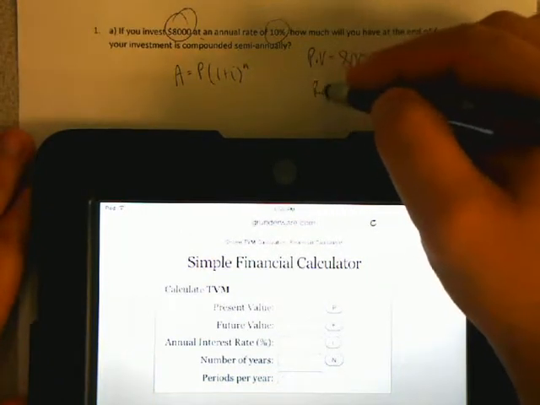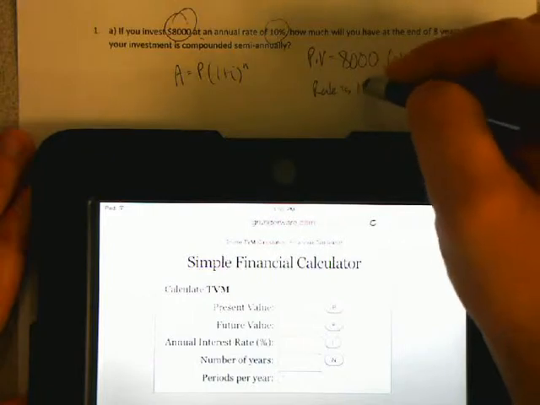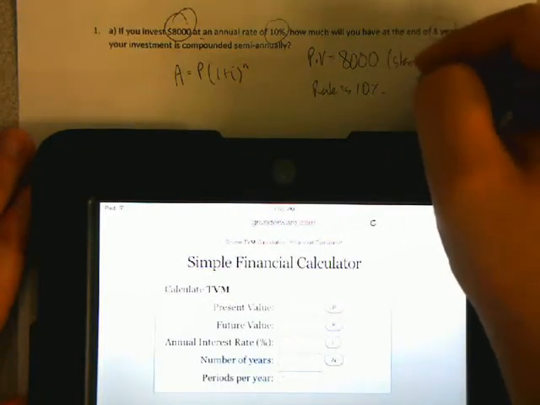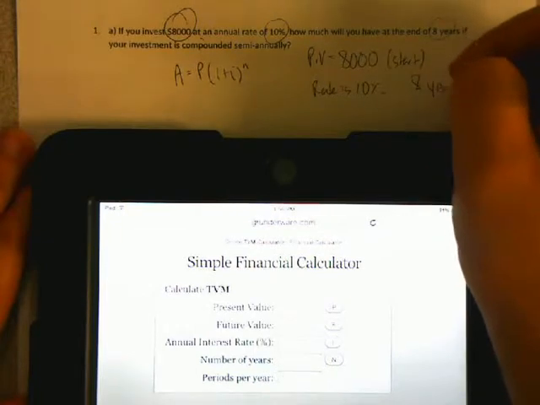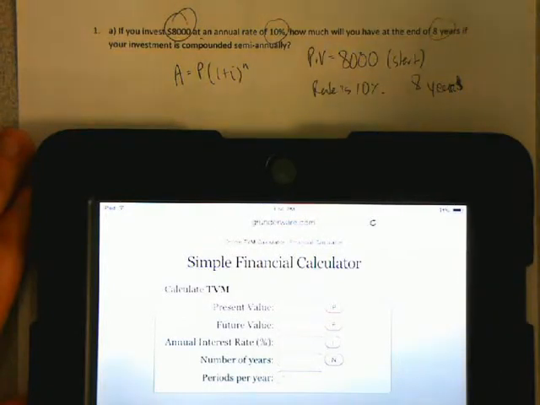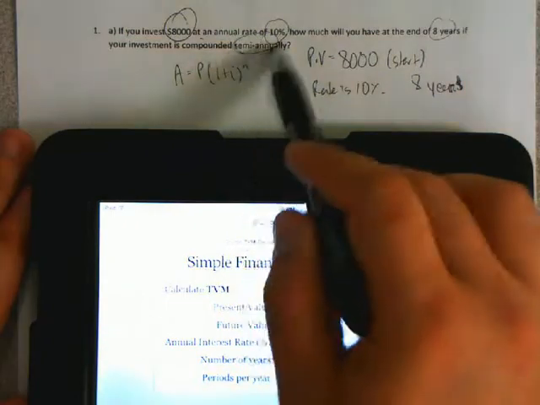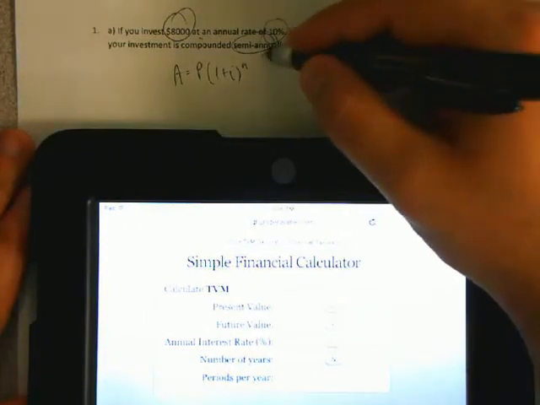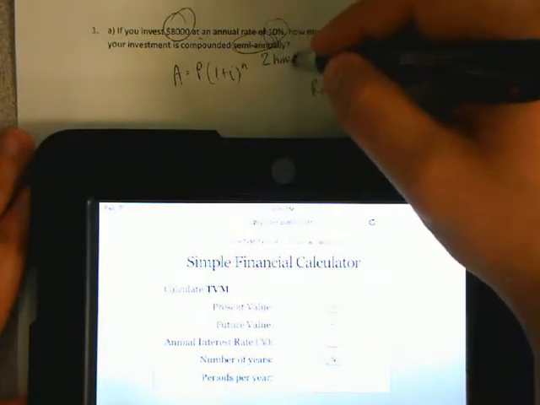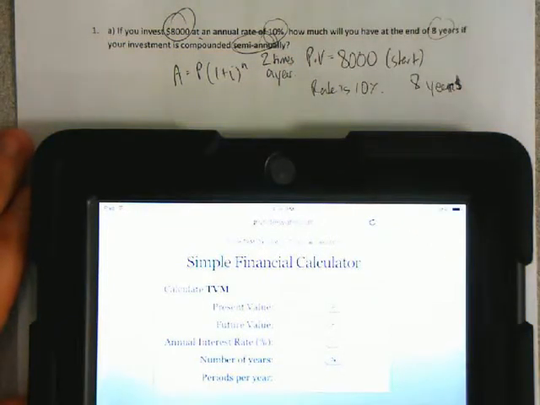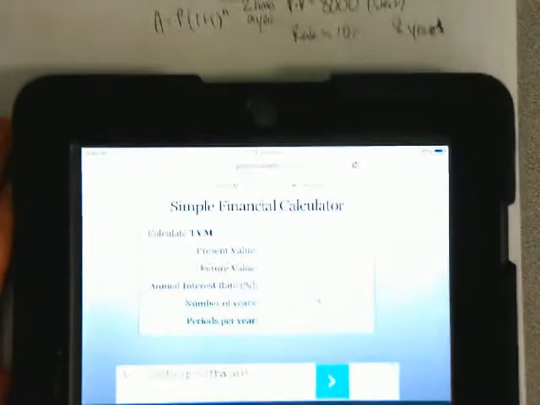So my rate is 10%. 8 years, and it's compounded semi-annually. So semi-annually means 2 times a year, right? So now let's enter all that into our calculator and see what happens.